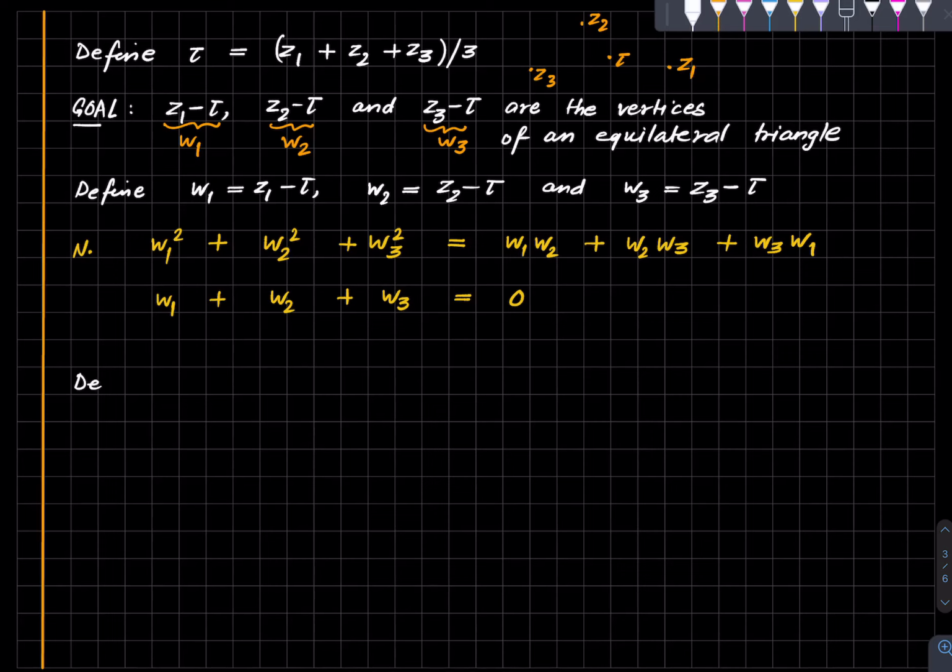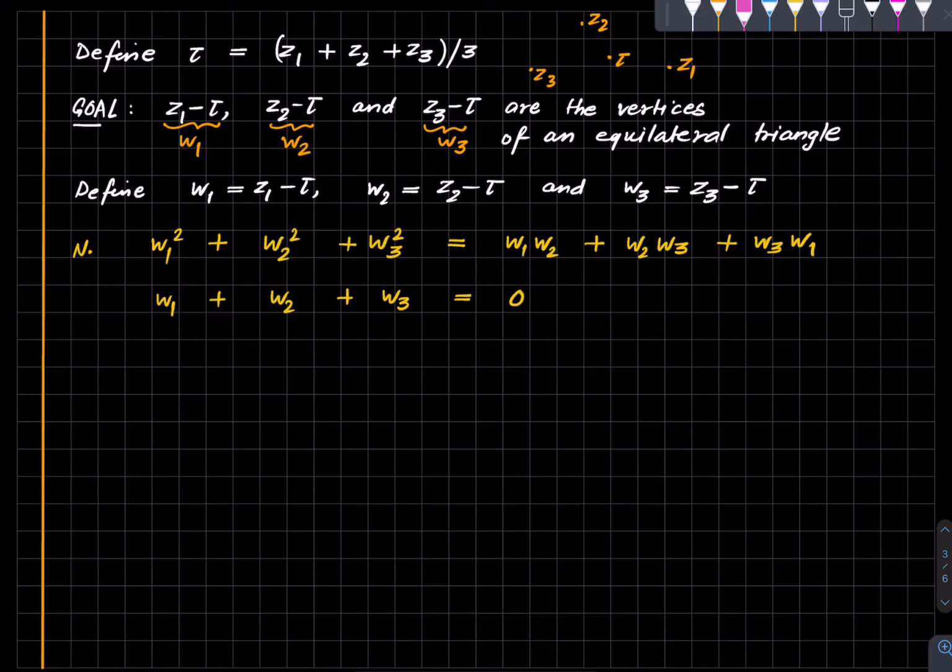Define P1 as something, but we will also scale by the magnitude of W1 square. Now this is equal to 1. But before I do this, I need to justify that this is non-zero. So first we will justify that.